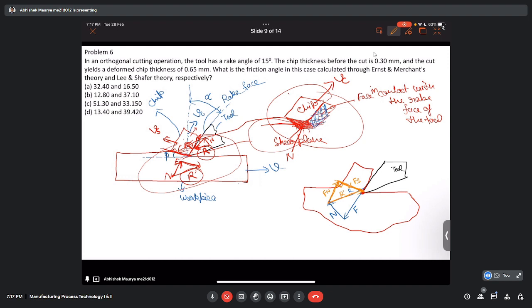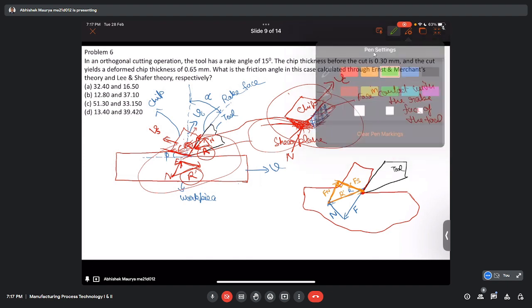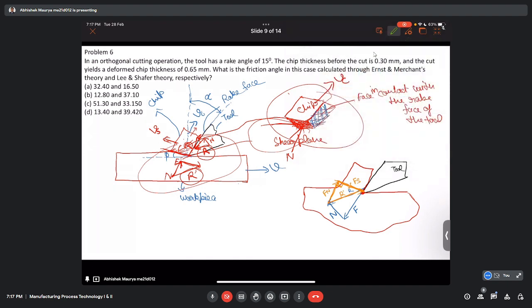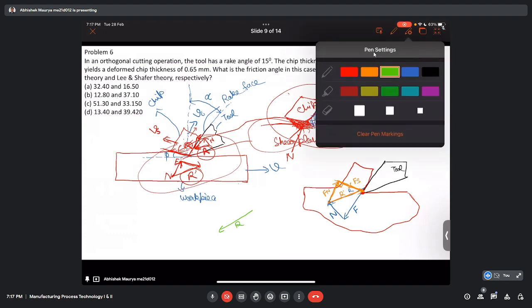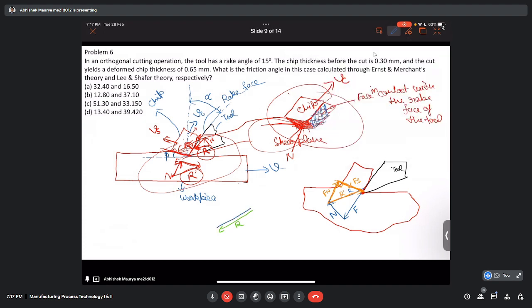And if you try to see the bigger picture of this, what is happening? Our tool is applying a force R on the workpiece, and at the same time our workpiece is applying a force R dash on the tool. So both are equal but opposite in direction.